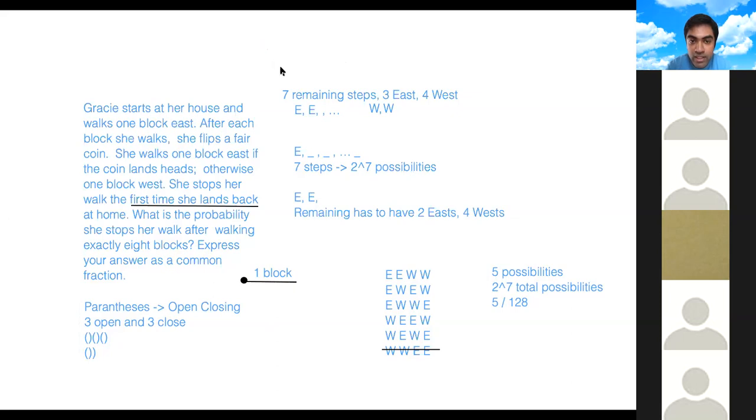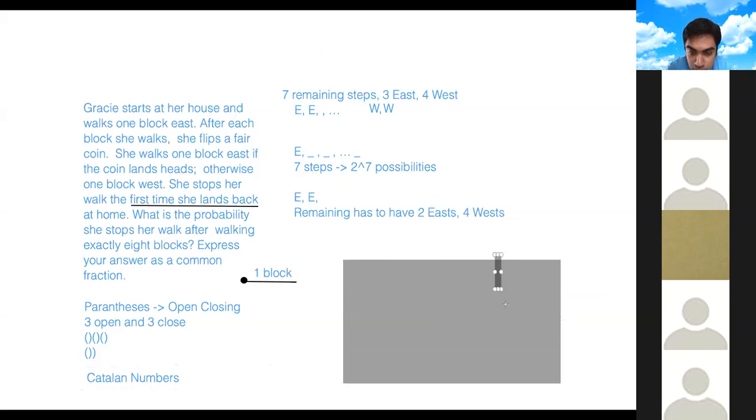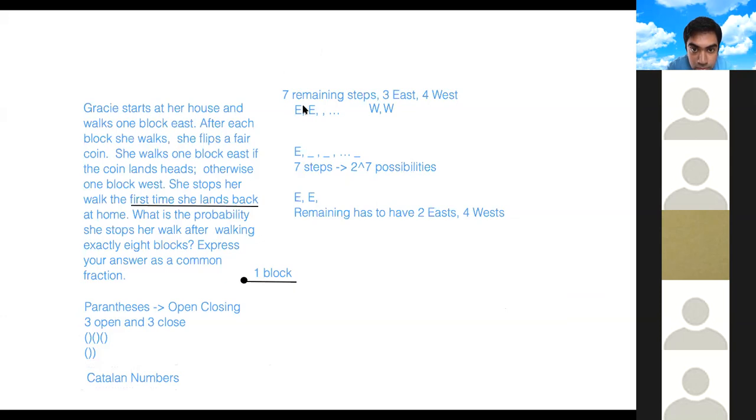This problem is actually related to something called Catalan numbers. But let's see a pictorial representation of how we can do this. Let me clear some of this so we have room. Okay, so let's put a grid on the board.